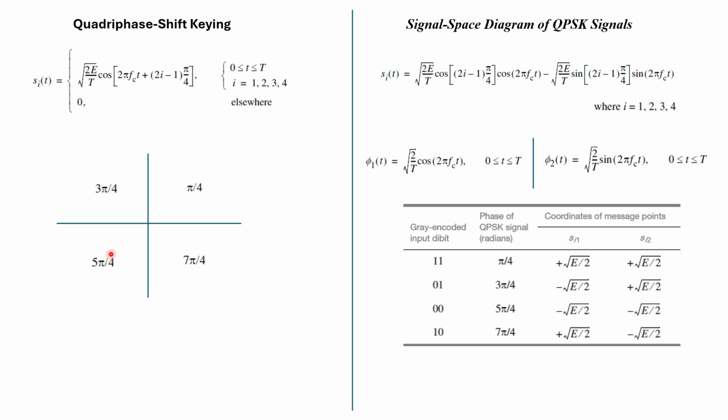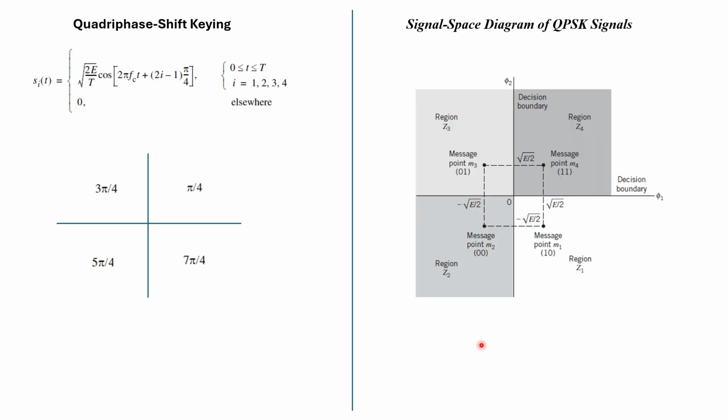If we consider 5 pi by 4 for i equal to 3, which falls in the third quadrant, according to the trigonometric rule ASTC, tan is positive, therefore cos is negative and sine is negative here. In the fourth quadrant, cos is positive and sine is negative. So now we have obtained the coordinates of the message points, that is, 4 message points.